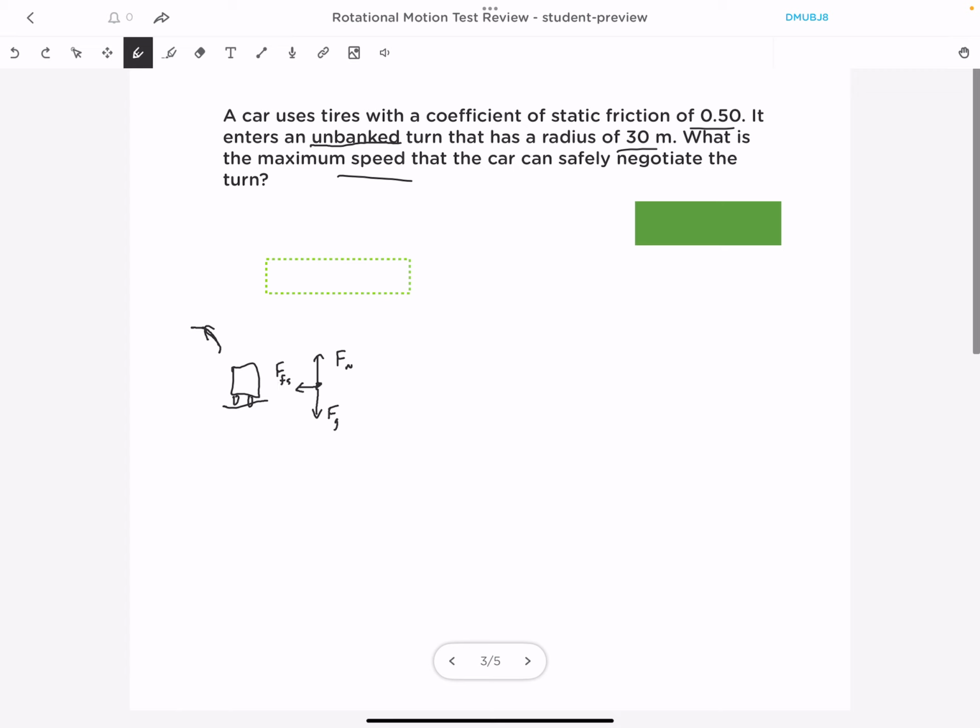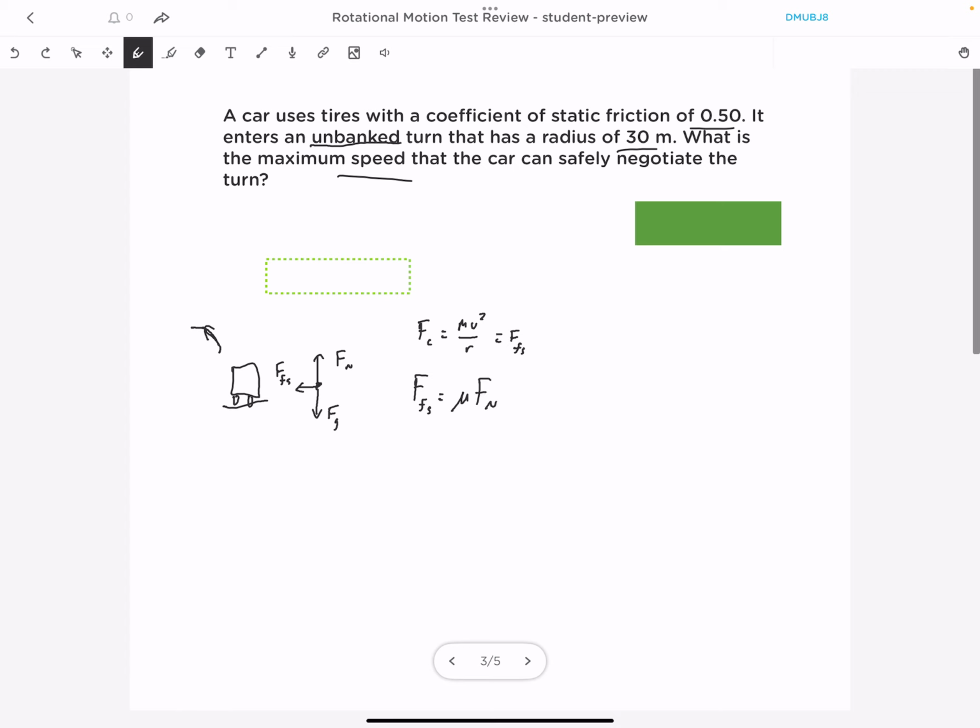So in terms of setting up the equations, first I'm going to write down the equation for centripetal force. I know I'm dealing with mv squared over r. And now I need to find the static frictional force. So I know the static frictional force is what provides the centripetal force. Now to find the static frictional force, I need to remember the force of friction, remember the fun equation, okay?